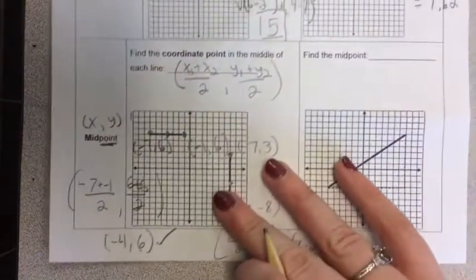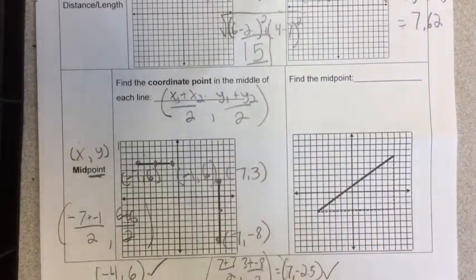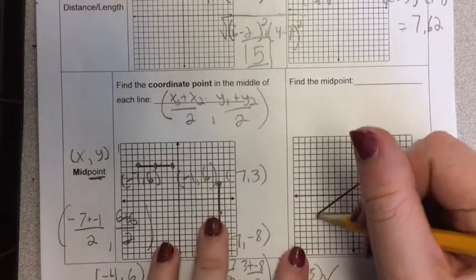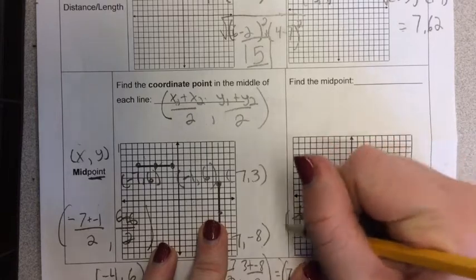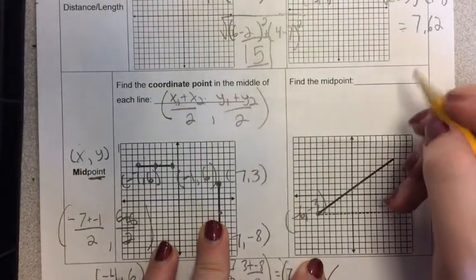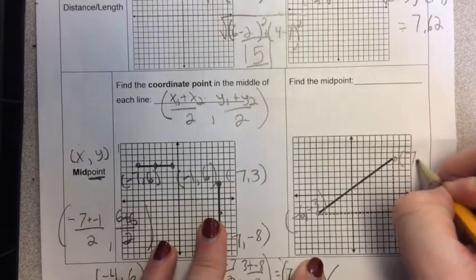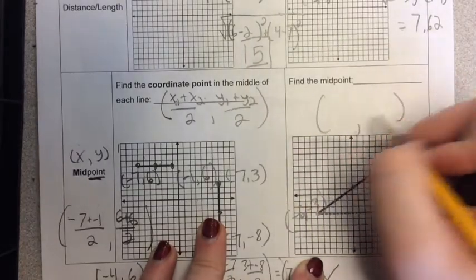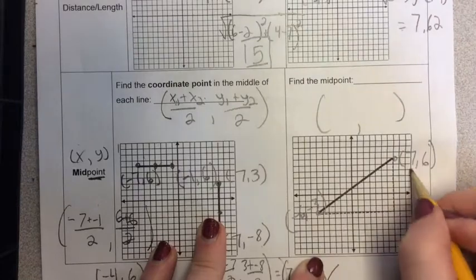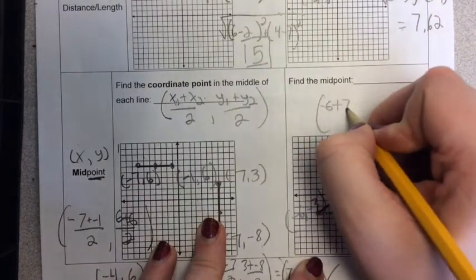All right, let's look at this other example. So we're going to do the same thing. We are going to find our 2 points. So we have negative 6 comma negative 3 and 7 comma 6. All right, so I'm going to add my x values together. So we have negative 6 and 7.